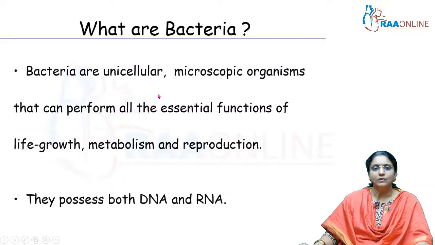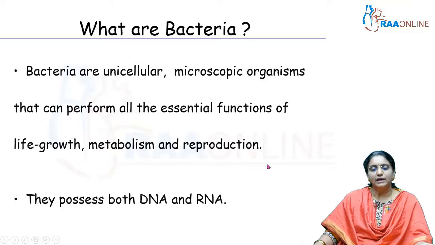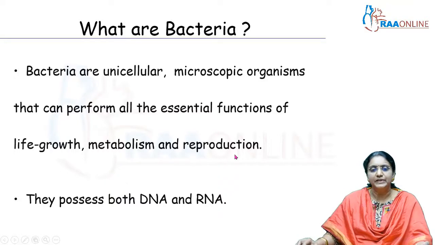Now we will go to the definition of bacteria. Before going on to the structure of bacteria, we need to know what these bacteria are. They are unicellular microscopic organisms, and here one cell will perform all the essential functions of life, meaning growth, metabolism as well as reproduction.